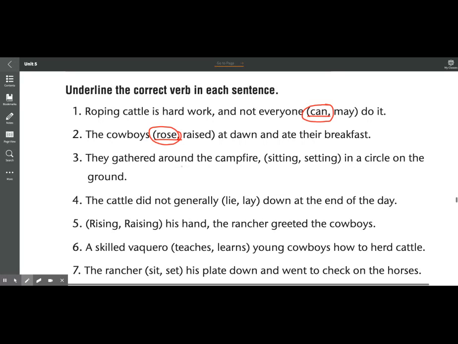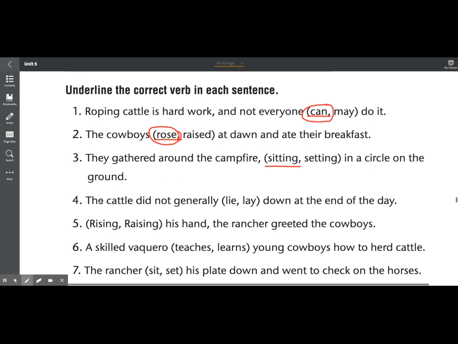Rose. Number 3, they gathered around the campfire, sitting in a circle on the ground, or they gather around the campfire, sitting in a circle on the ground. Which verb describes the action of being in a circle on the ground? Of course, you want to use sitting. I am sitting in a circle on the ground.